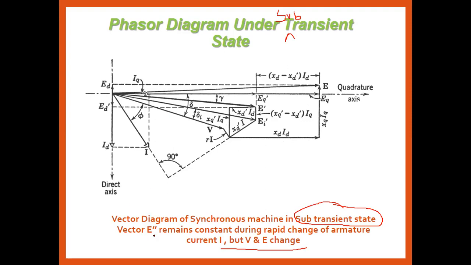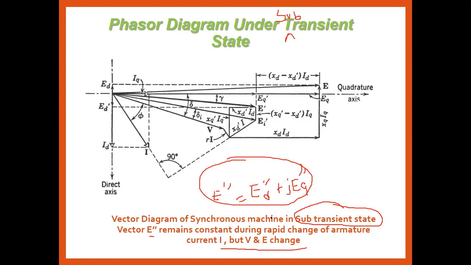E double dash. What is E double dash? E double dash is equal to ED dash plus EQ double dash.